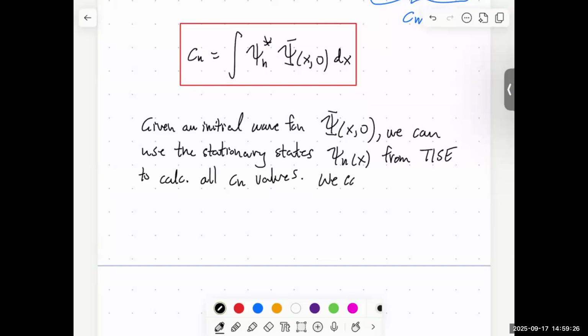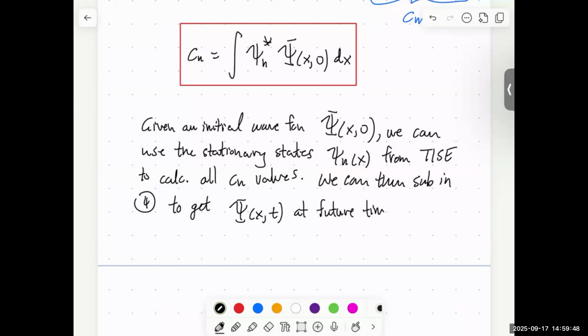We can then substitute into 4 to get the wave function at all future times. Okay, good. So that's a summary of the mechanics.